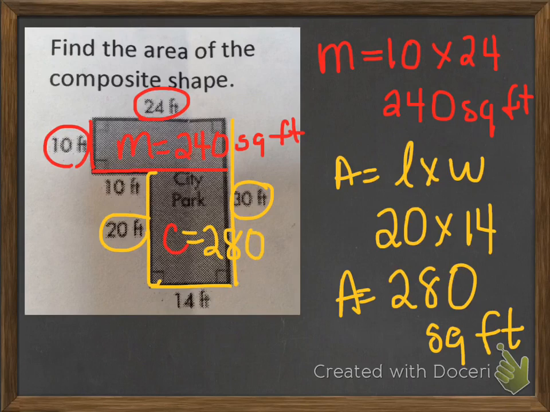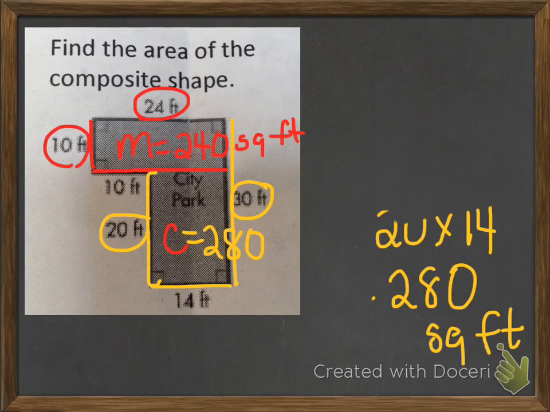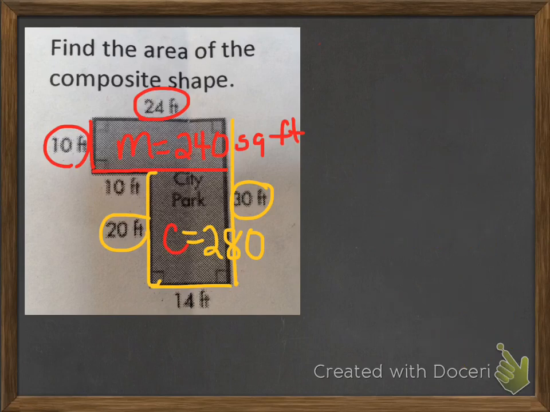So we're not done. What we need to do now, and I'm just going to erase this to have some room to do a little bit more work, is add all of this.